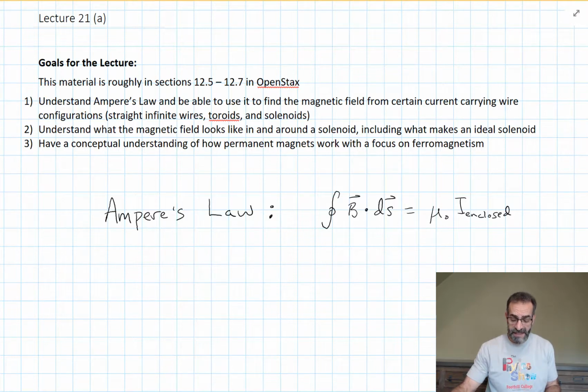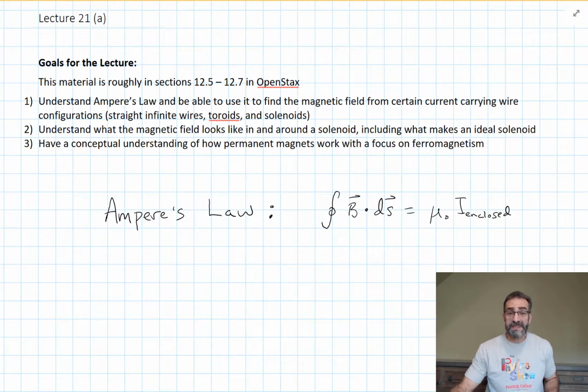But Ampere's law is good for certain situations. It's good for infinitely long straight wires and for ideal solenoids and toroids.